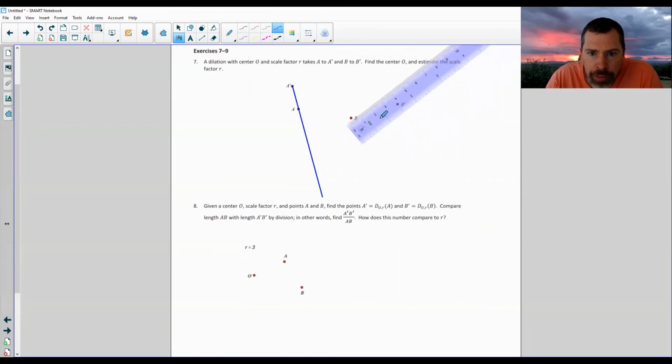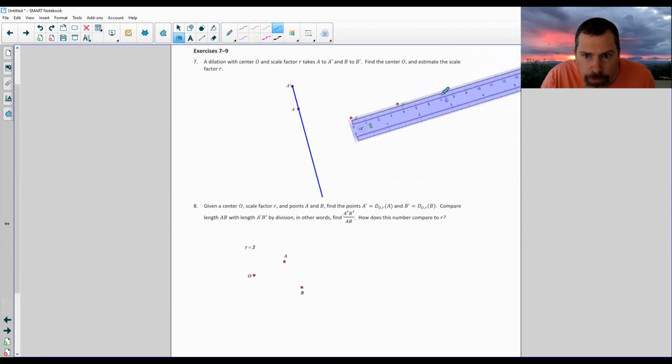We're now going to do the same with B prime. I'm going to put my ruler on B, rotate it to B prime, like so, and then line it up, and where that intersects is going to be right there.